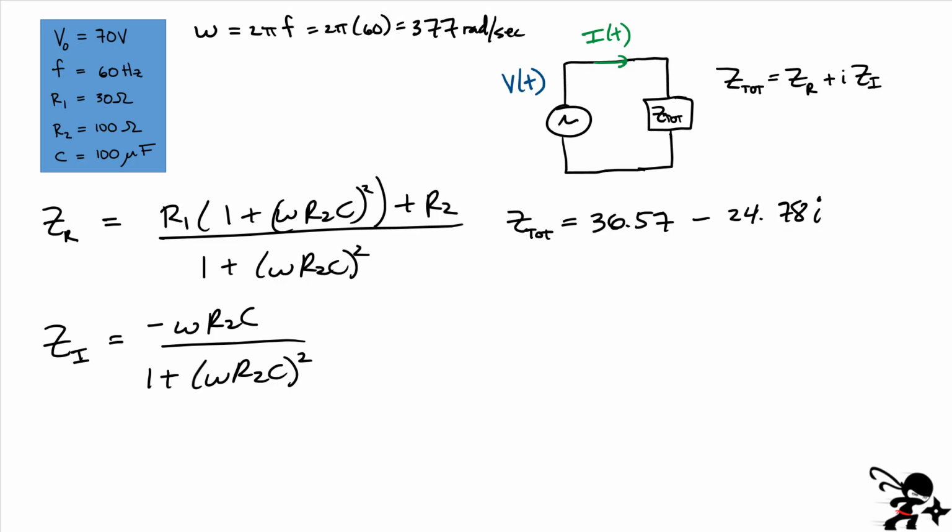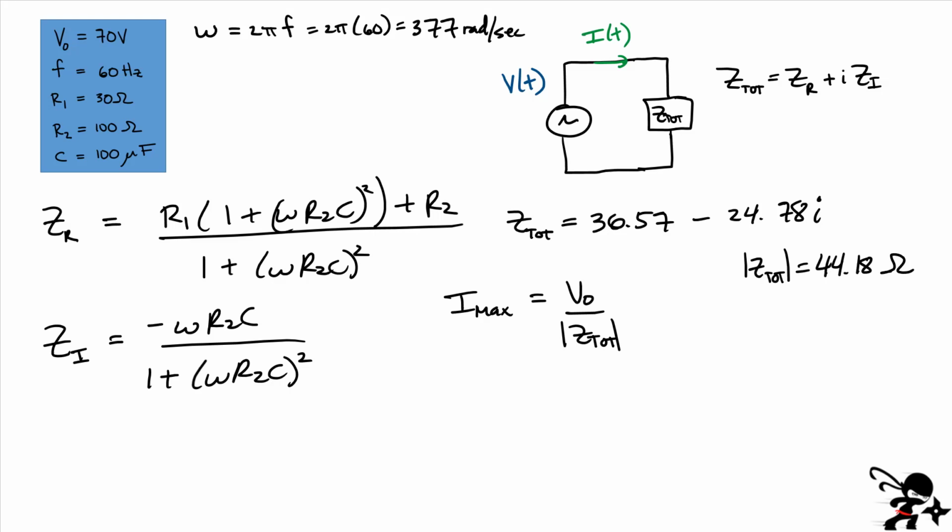The other thing I was interested in was the maximum current. The maximum current was defined as the maximum voltage divided by the magnitude of Z total. So I had to calculate the magnitude of Z total. Just using the equation, the magnitude that I got was 44.18, and that is measured in ohms.